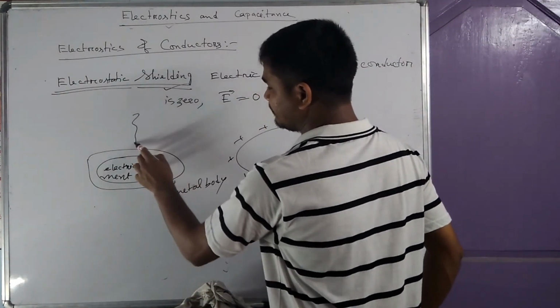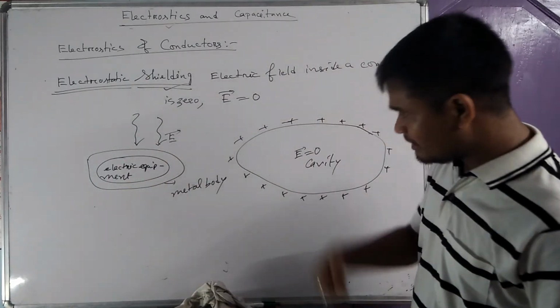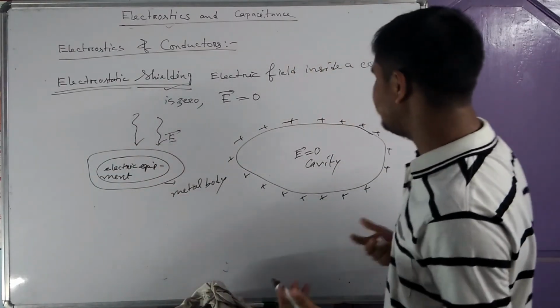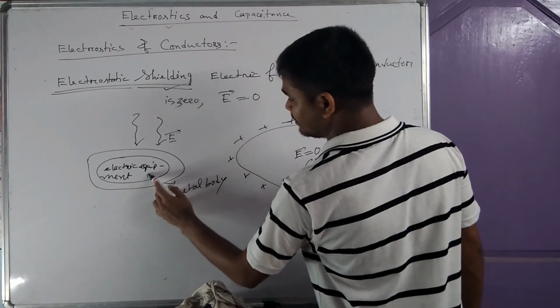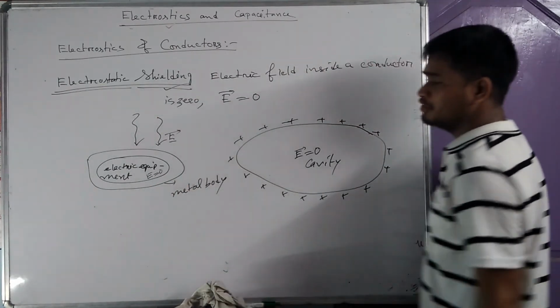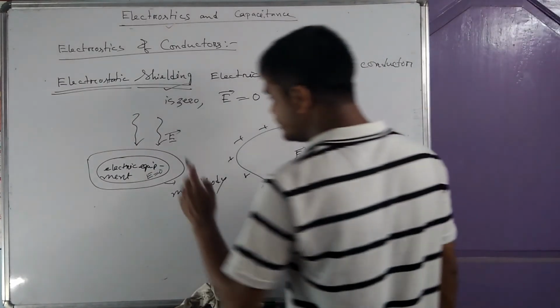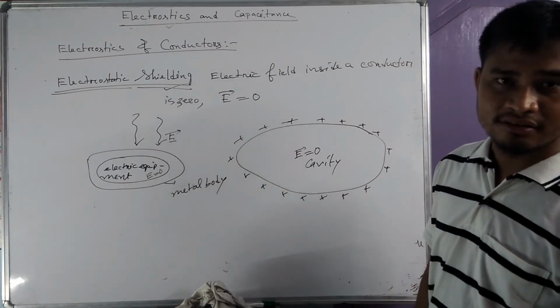If some electric field tries to affect the equipment, then this metal body will behave as a cavity and protect the equipment, and the electric field will be 0 inside the metal body. This phenomenon is therefore called electrostatic shielding.